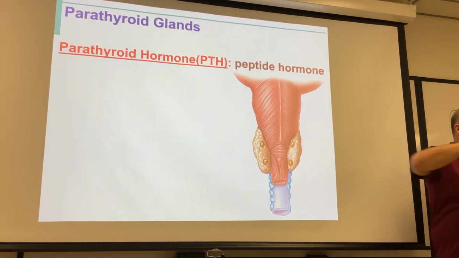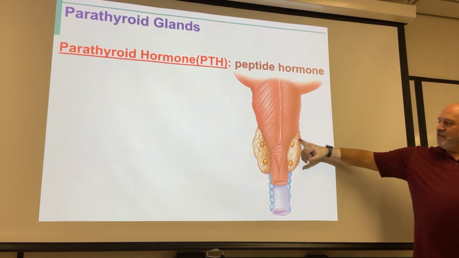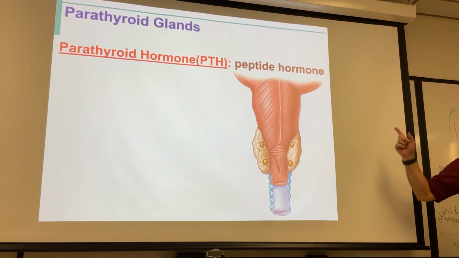Typically, there's somewhere between 4 and 12 of these that can be found. They're completely separate glands. Even though they're attached to the thyroid, which is why they're called parathyroid, they're completely different glands.